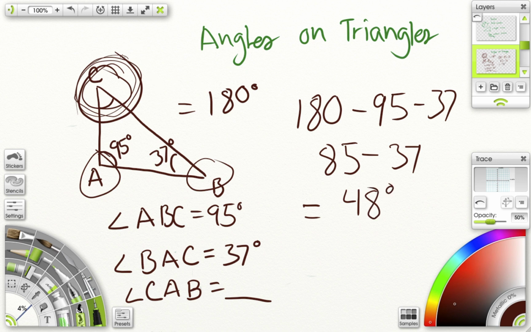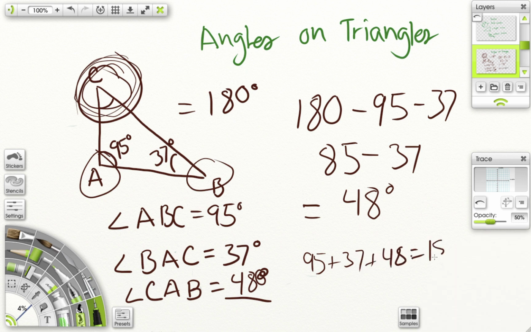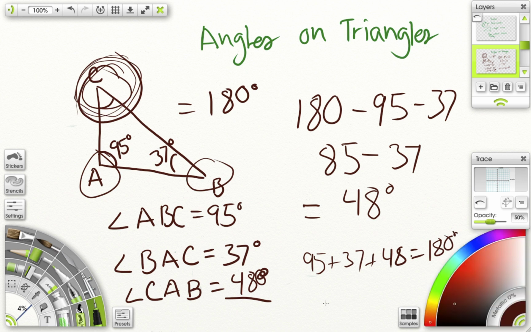So this angle right here is 48 degrees. How can you check? You add all three angles up together. So if I add 95 plus 37 plus 48, does it equal 180? Yes. And that's how I know I'm correct.